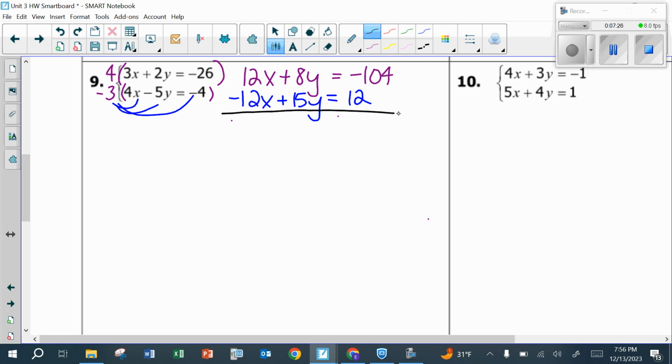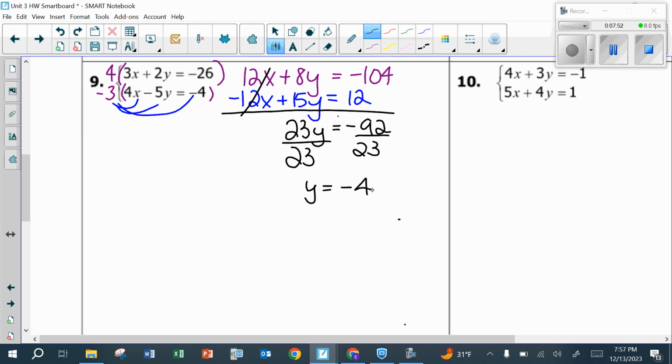Our x's cancel out. 8y plus 15y is 23y. And negative 104 plus 12 is negative 92. Looks like a funky number. Hopefully that's divisible by 23. So negative 92 divided by 23 is negative 4.